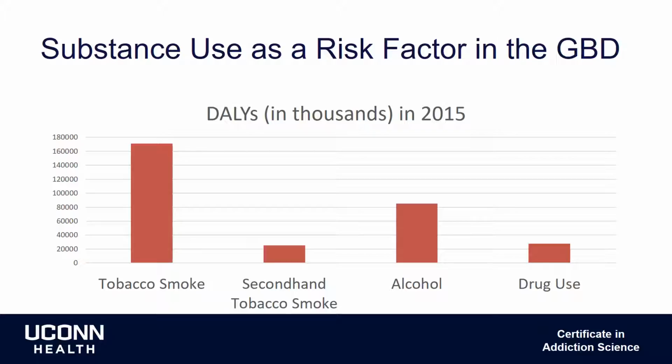When we look at alcohol, we see it causes 80 million DALYs in 2015. So even though they're not causing a large amount of deaths directly and a large amount of disability directly, they are causing a lot of disability because they are a risk factor for other diseases down the causal chain.